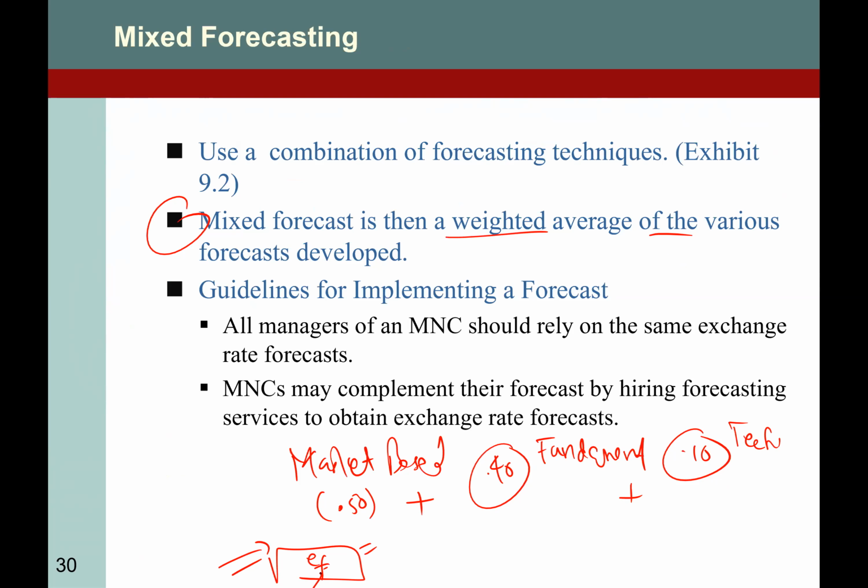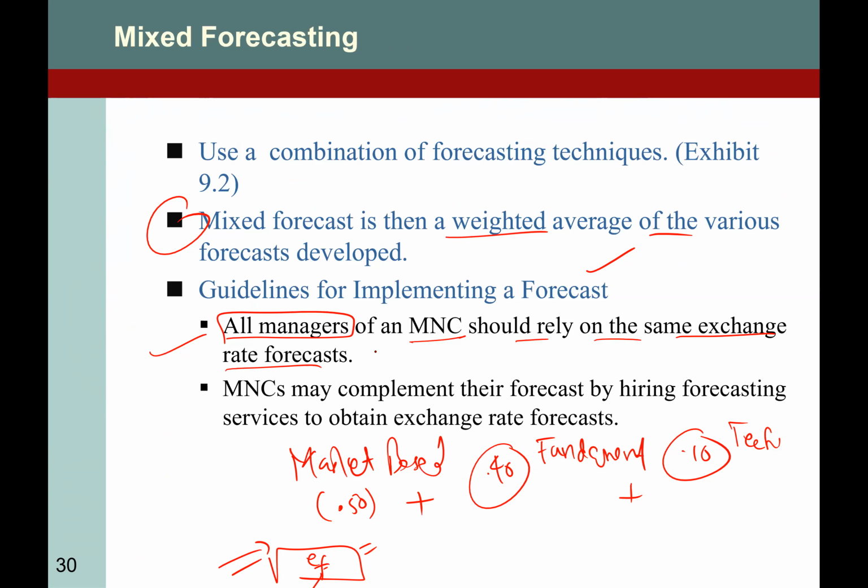Simple. So guideline for implementing a forecast: all managers of an MNC should rely on the same exchange rate forecast. All managers, right? It's not that the CFO is saying something, the financial manager is saying something else, and the person who is forecasting is saying something else.